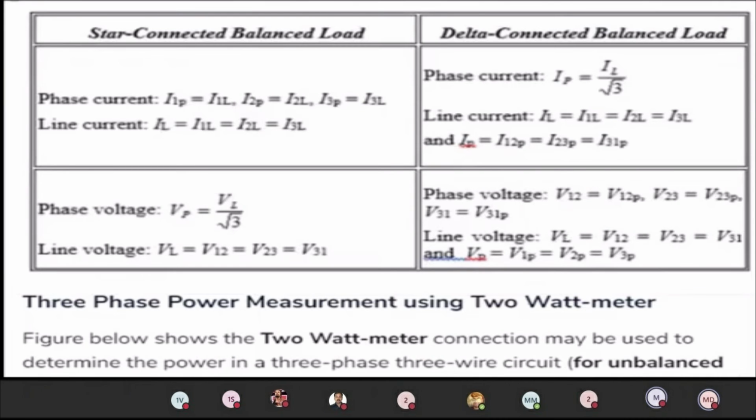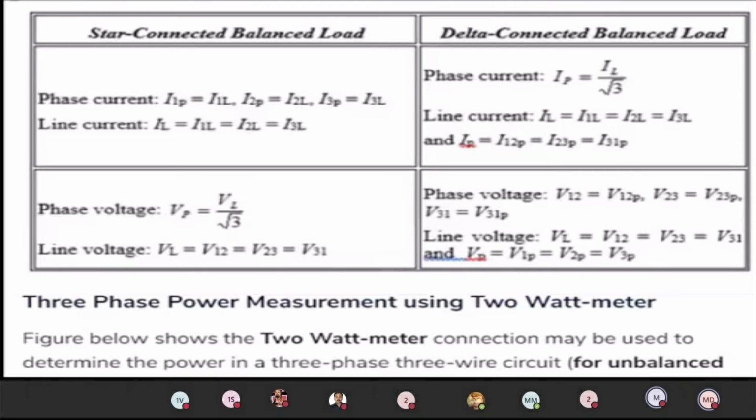Generally in three phase we have two types of connections: star connection and delta connection. Here balanced load means that in all the three phases the current is the same. Again this is a basic thing.